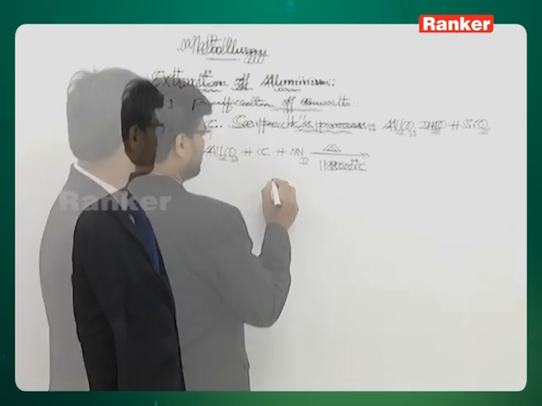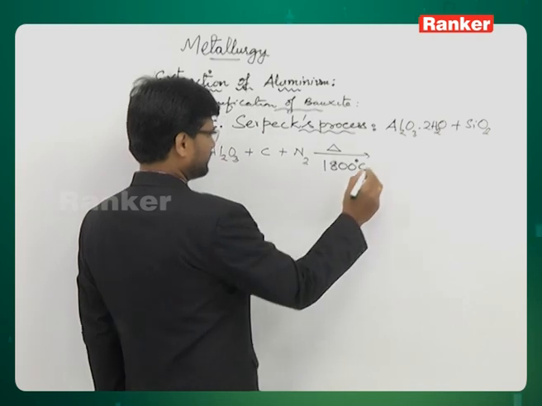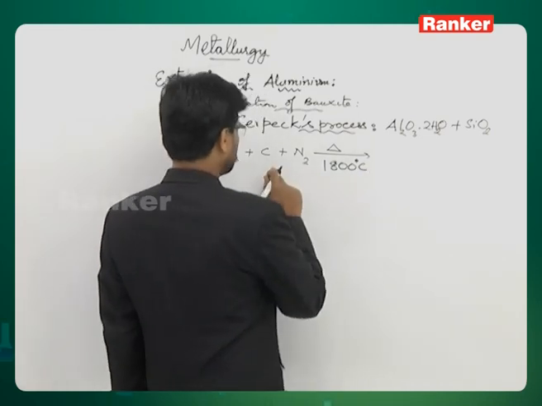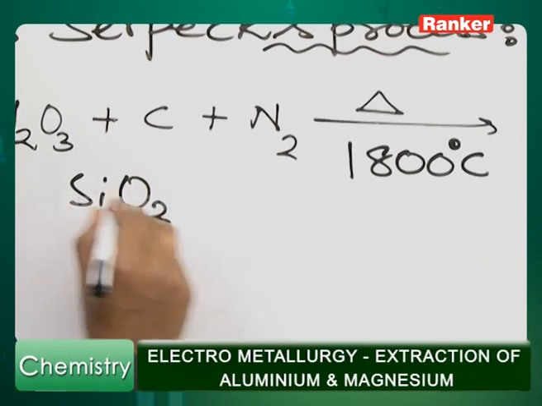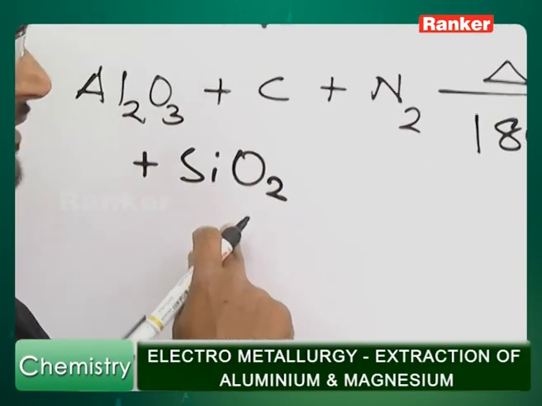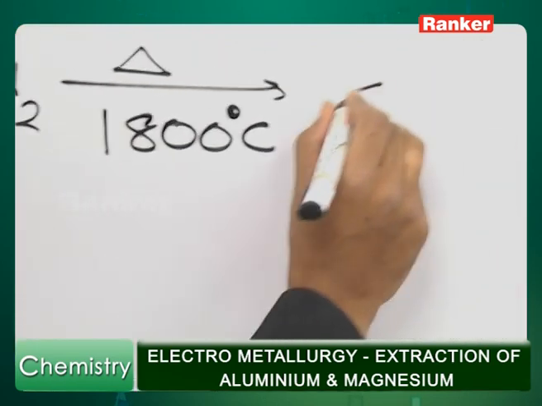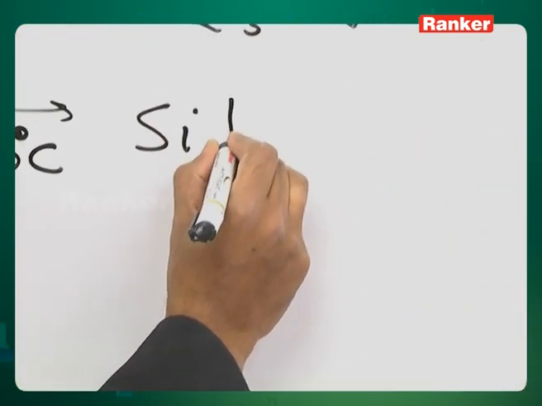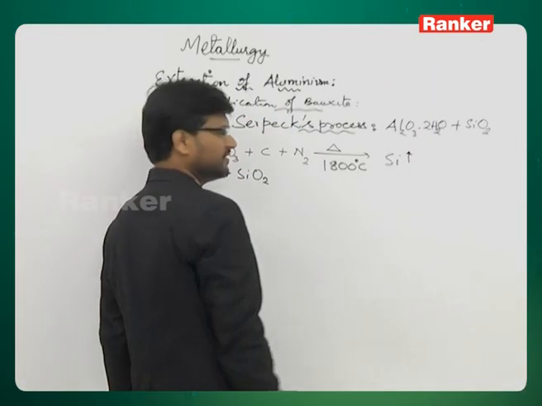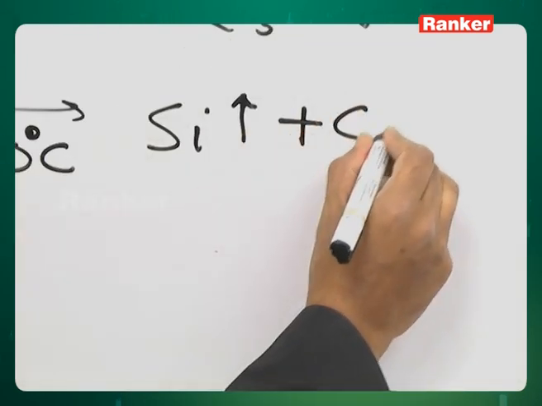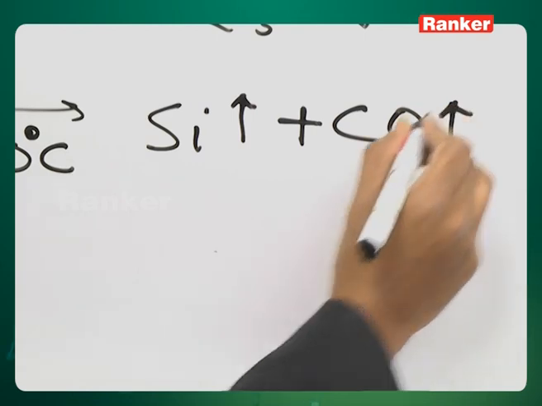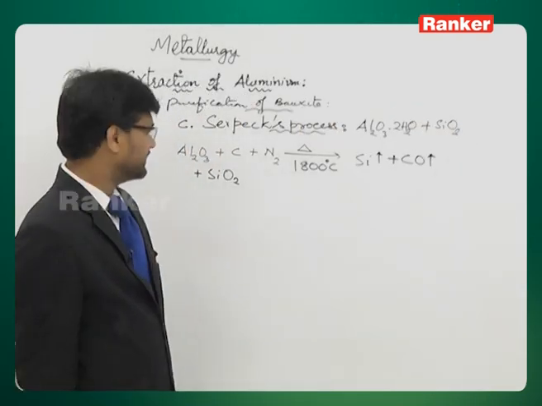When you do this, the SiO2 impurity is also there, please don't forget that. So coke, you have SiO2 also. This is your impurity. Coke will transform SiO2 to Si, which escapes out as volatile fumes. Coke itself will get oxidized to carbon monoxide, which also escapes out as a gas.